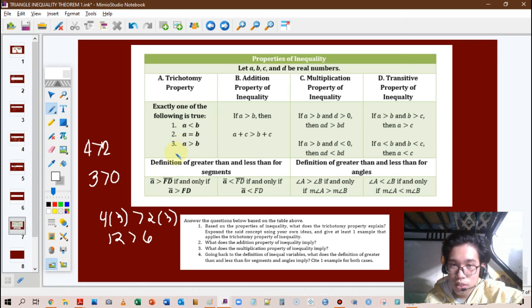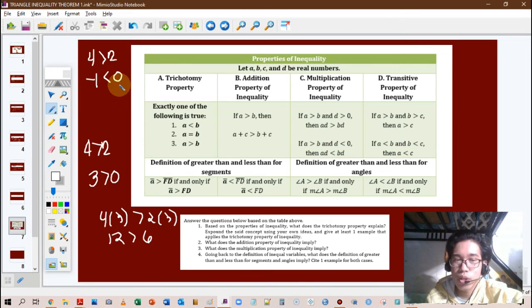If we try the second statement, again let's keep those conditions true for the first one. We have 4 is greater than 2, and for the second supposition, we have D is less than 0. So D should be a negative number. Let's say it's -1. So 0 is indeed greater than -1, or -1 is less than 0.